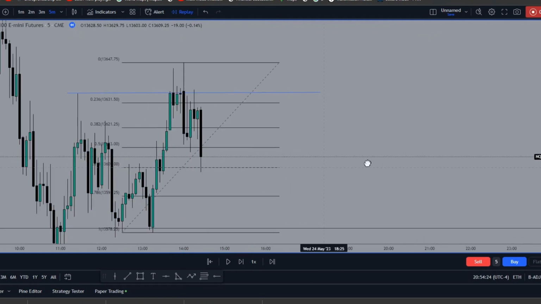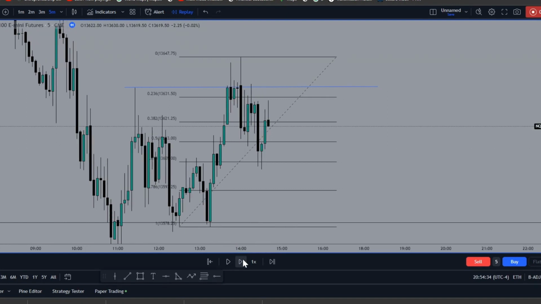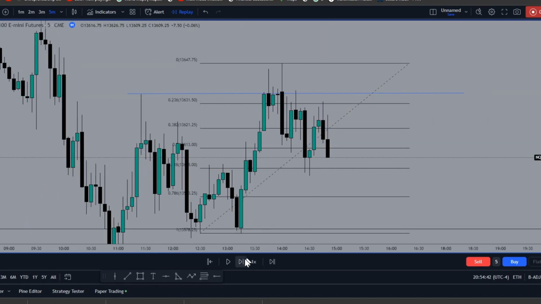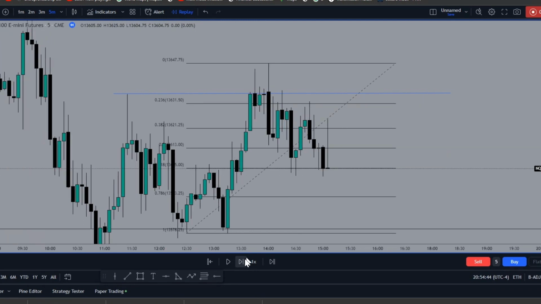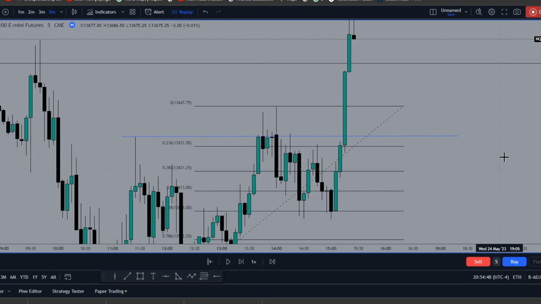This was so small, so you will have to wait for a deep retracement, right? And then see, your trade will be here. So it will give you entry right here. And then boom.